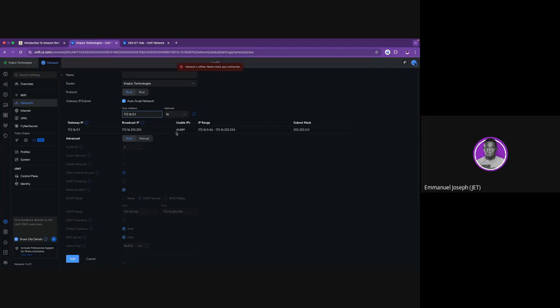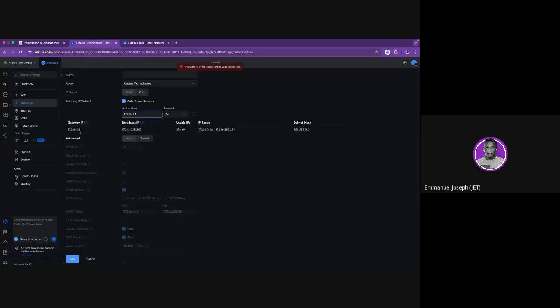Now, you can even say the broadcast IP. You see that the broadcast IP, which is the last reserved IP, is taken, which is 172.16.255.255, for broadcast. The gateway IP is 172.16.0.1. Then the default configuration IP is 172.16.0.0.